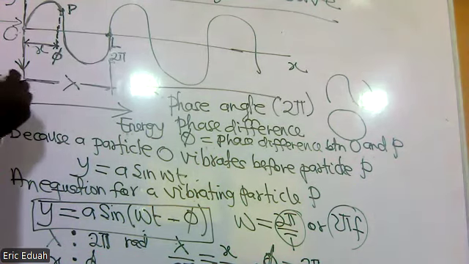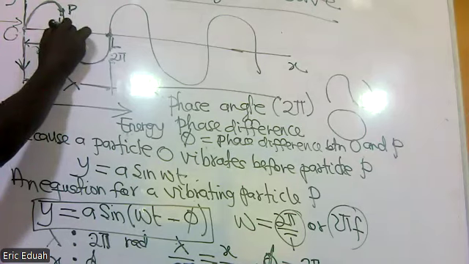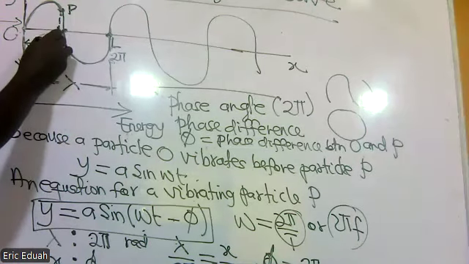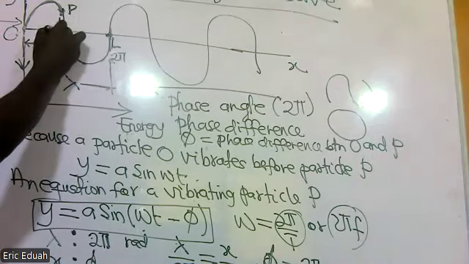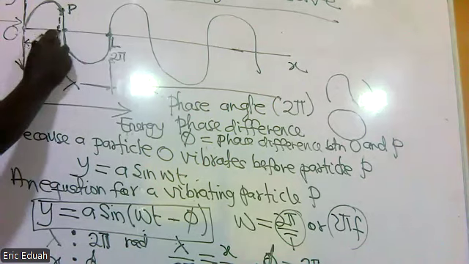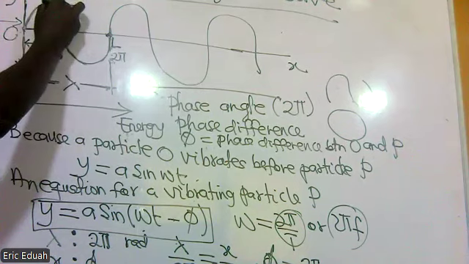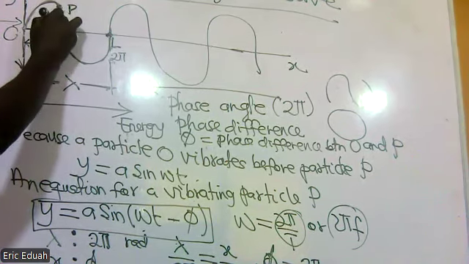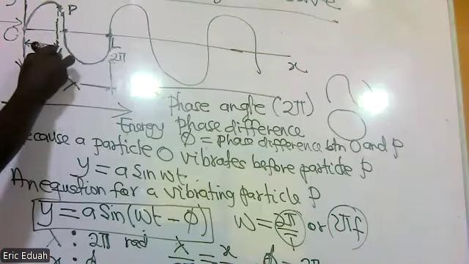I also do not know the phase angle. If the vibrating particle is here, the phase angle is 180 or pi. But if it is here, I wouldn't know what angle this will constitute. Charlotte, is that not so? Yes, please. That is why I'm representing it by an unknown angle phi.